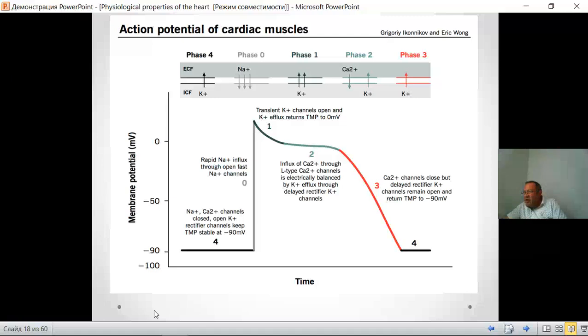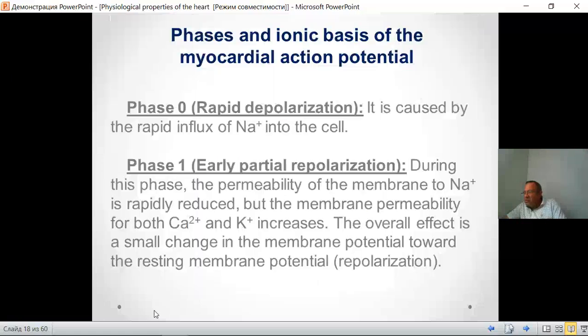Phase number 1, initial repolarization. Fast sodium channels are closed. The cells begin to repolarize and potassium ions leave the cell through the open potassium channels.